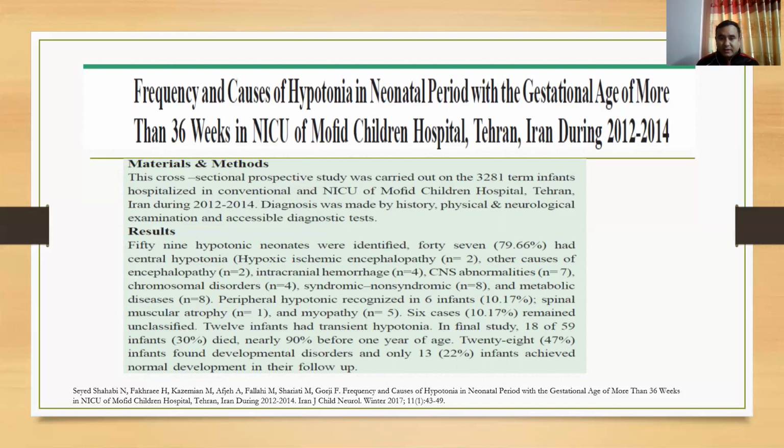The central causes are hypoxic ischemic encephalopathy, intracranial bleed, other CNS abnormalities, certain chromosomal disorders, and metabolic disease. Around 20% of the children have peripheral hypotonia, and the causes are spinal muscular atrophy and myopathies. So looking at the evidence, you can presume that the common cause of hypotonia in the child is central.